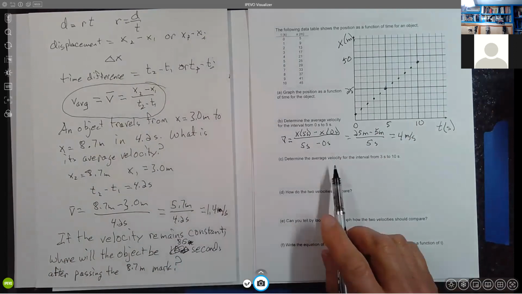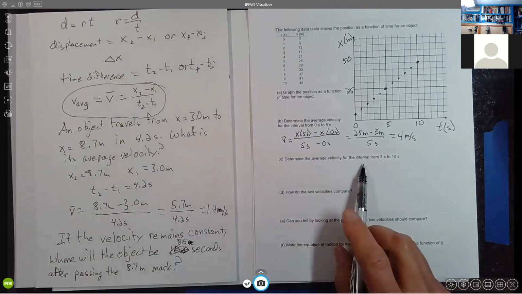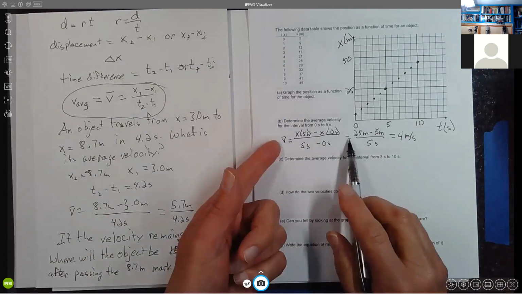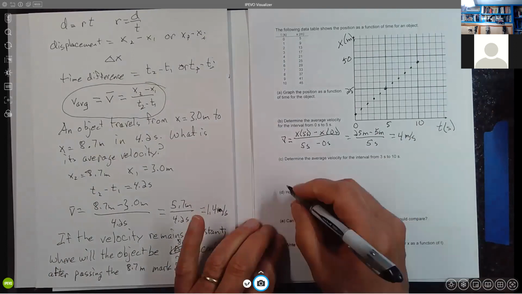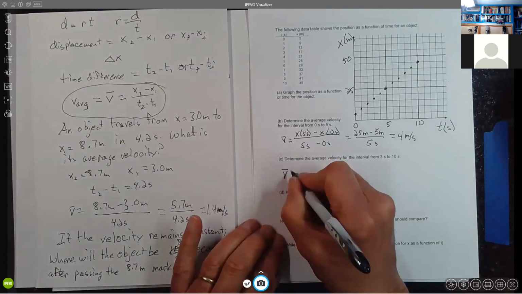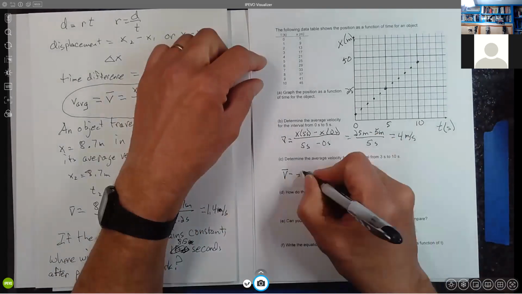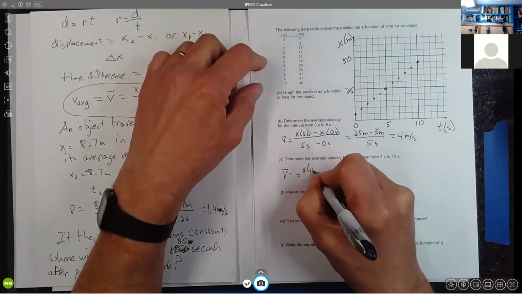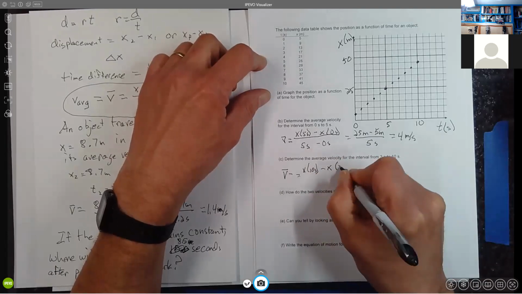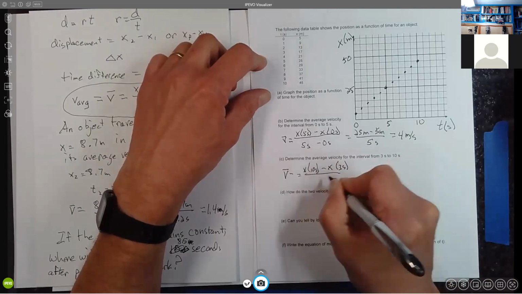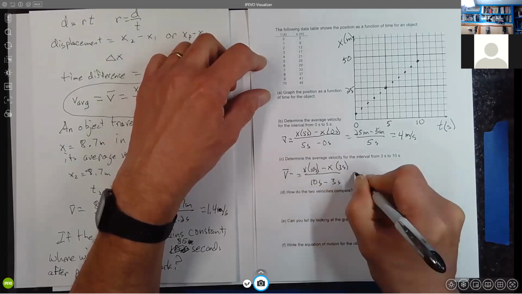Then it says determine the average velocity from 3 seconds to 10 seconds. Well, I do the same thing, except I replace this with 10 seconds and this with 3 seconds. So V average for that stretch will equal, let's see, x of 10 seconds minus x of 3 seconds divided by 10 seconds minus 3 seconds.